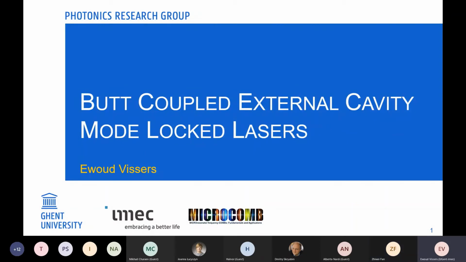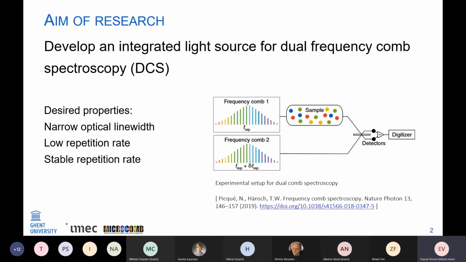So my name is Ewout. I'm from the University of Ghent, and I will present my first working results with bot-coupled external cavity mode-locked lasers. I'll first quickly go over what I'm trying to do, just like in the last presentation.